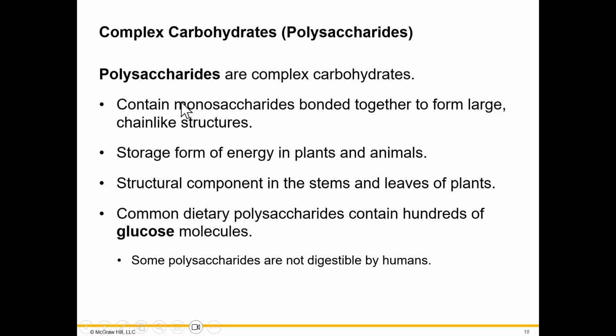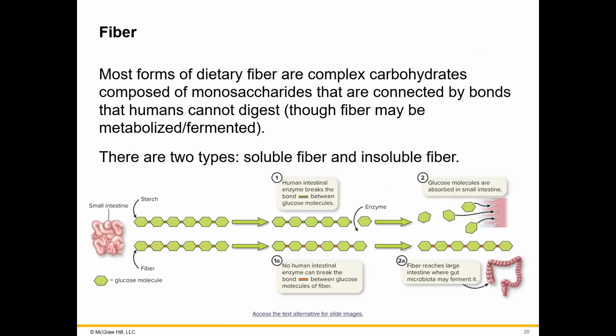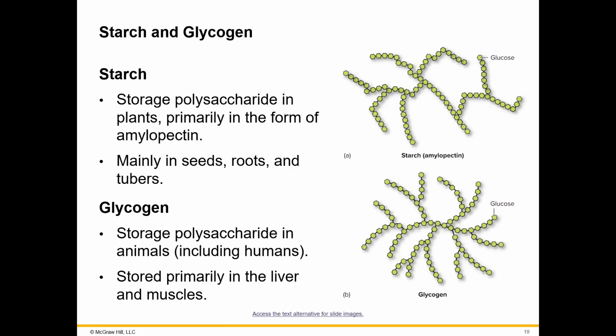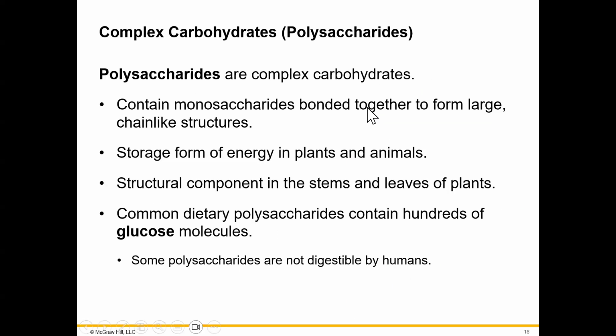So this is where you have multiple monosaccharides bonded together to form a larger chain-like structure, as you see here. They are the storage form of energy in plants, and they are the structural component of stems and leaves of plants.